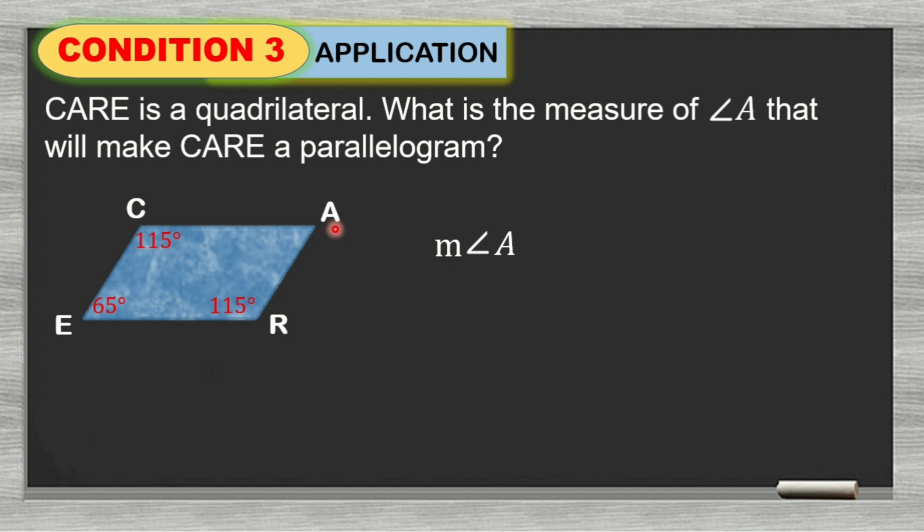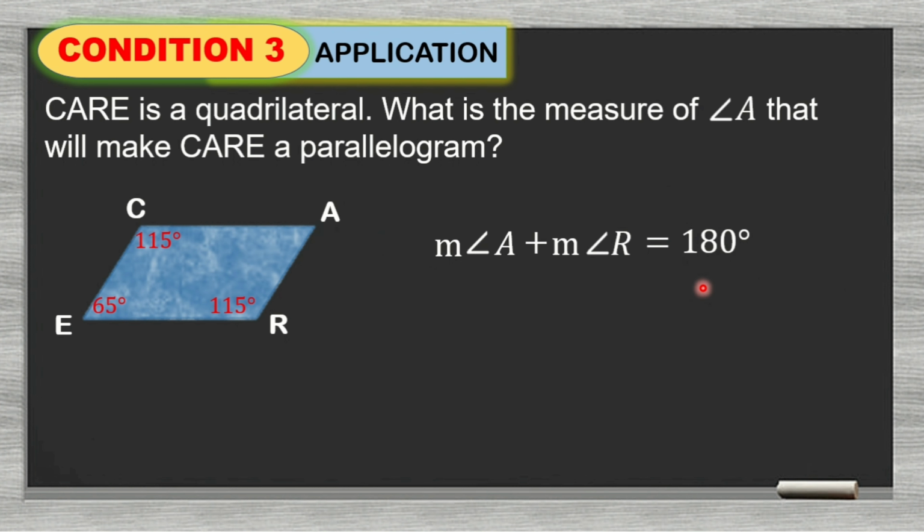So, which is, yung kasunod ng angle A ay angle R. So, the measure of angle A plus the measure of angle R is equal to 180 degrees. Why? Because they are consecutive angles or magkasunod silang angles.